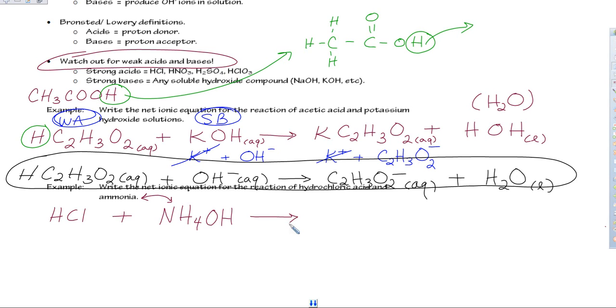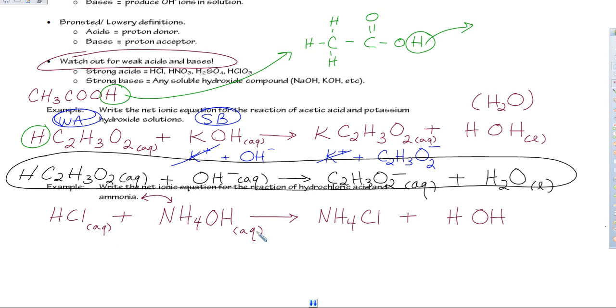So we're going to do a double replacement. I can switch the positive or the negative ions. One of my products will be ammonium chloride, +1, -1. And there she is, HOH, hydrogen hydroxide. There's my water. And again, if I wanted to, I could put in these little phase symbols right away.